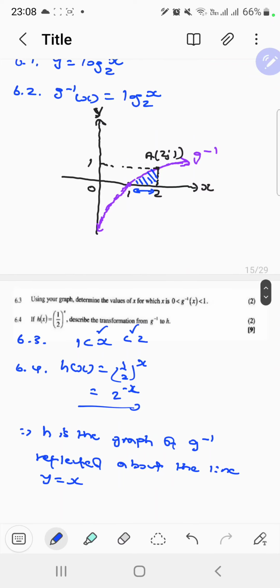Because remember, we will have this line, the inverse line, which is y equal to x. If we reflect this graph, we get the original, which is something like that. It will cut at 1 and do its thing.